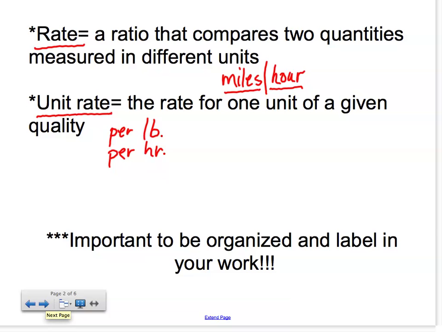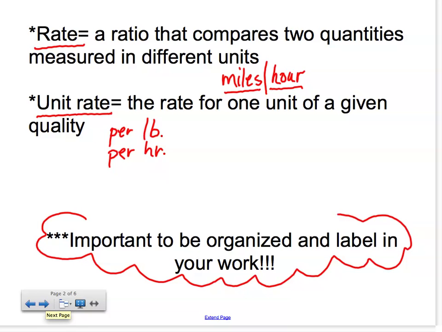With this section, it is very important to be organized and label everything in your work and in your notes, so that you can understand what you are putting in your notes and on your work. If you'd like to take a second and pause the video to take down these notes, that would be great.